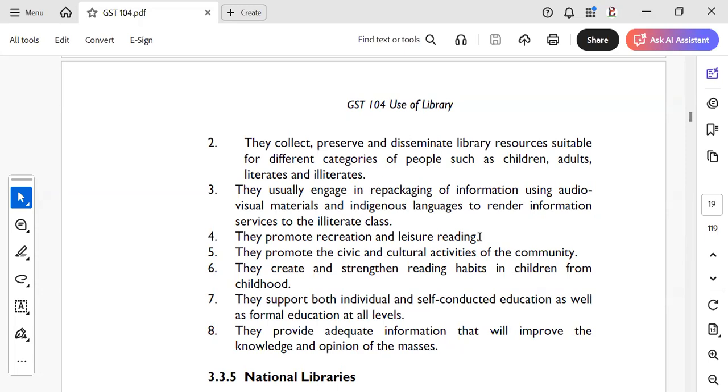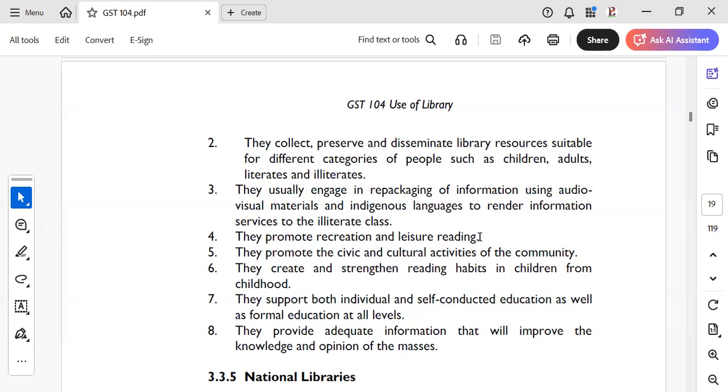They usually engage in packaging of information using audio-visuals and indigenous languages to render information service to illiterate classes. The information they get from there, they break it down for those that are illiterate, those that are unable to read it and understand it.